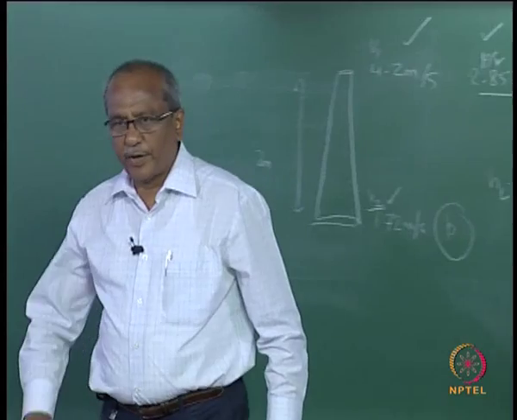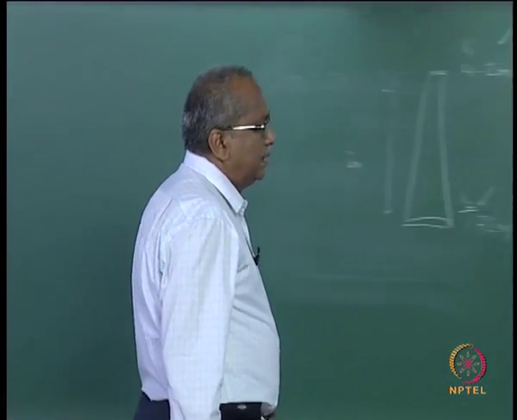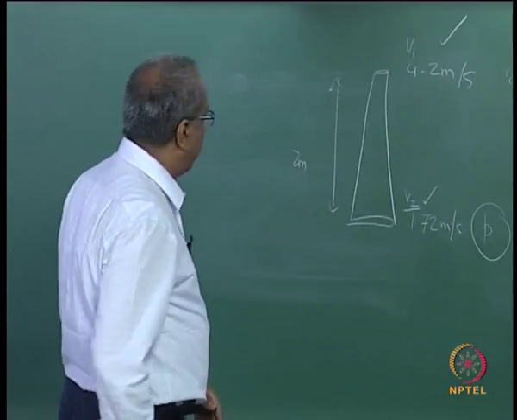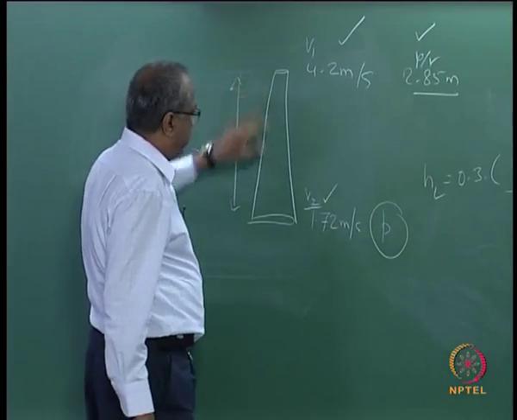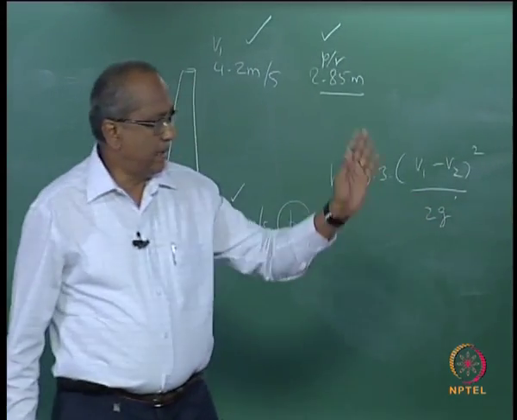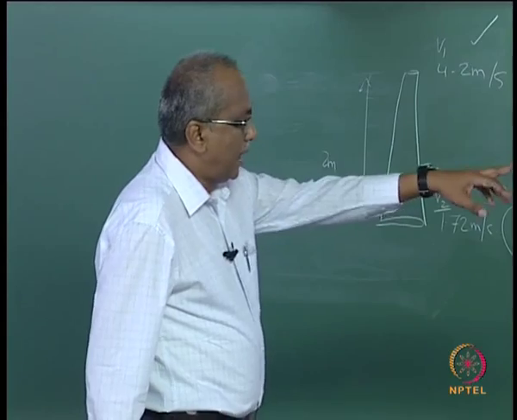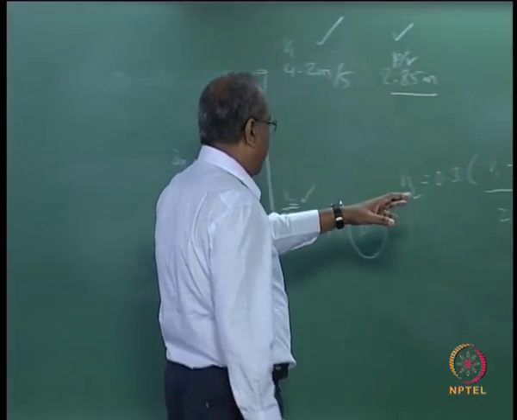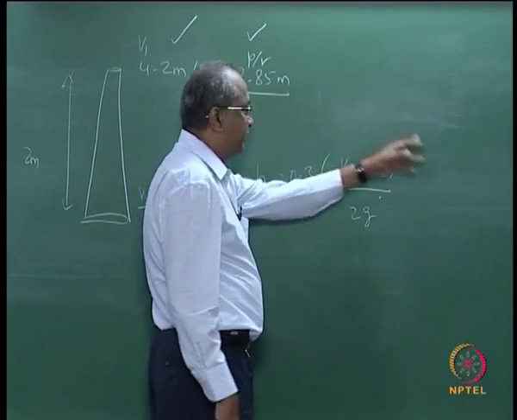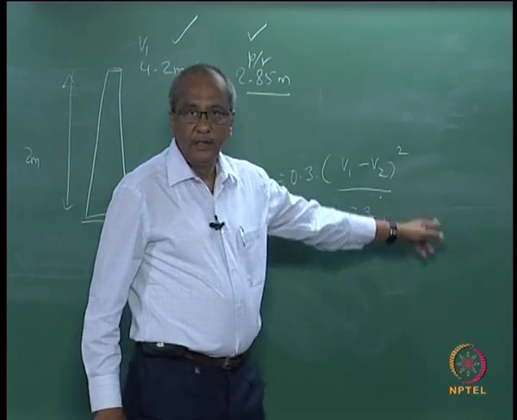Usually the problems will be related like this. The moment you apply the Bernoulli equation for these two ends, this is the left hand end, and on the right hand side you will have plus the head loss, it may be due to so many factors. Is that clear?